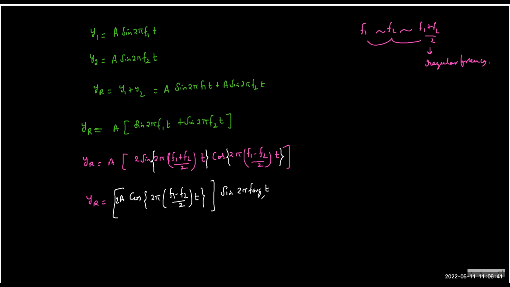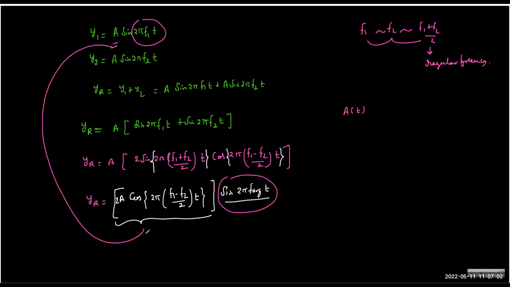So it seems that this is the regular sine function with a new value of amplitude, and this amplitude we call a time dependent amplitude. This is the regular sine function, so instead of a, this entire thing we call the amplitude.